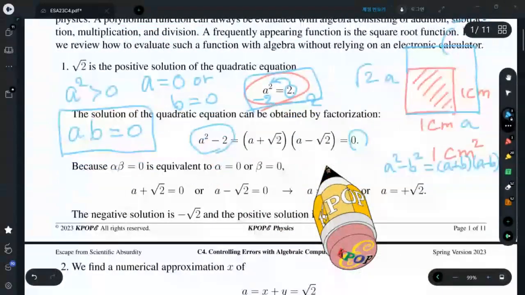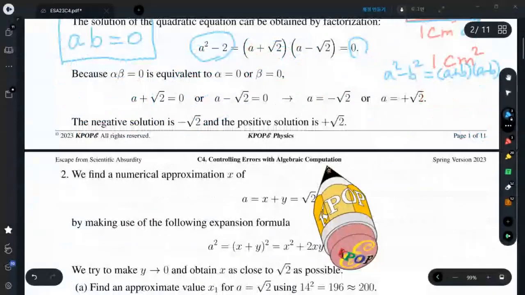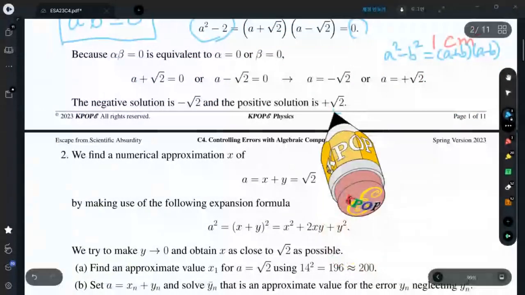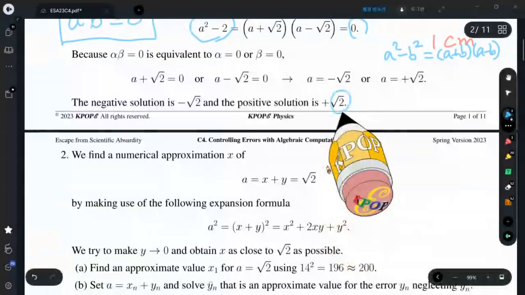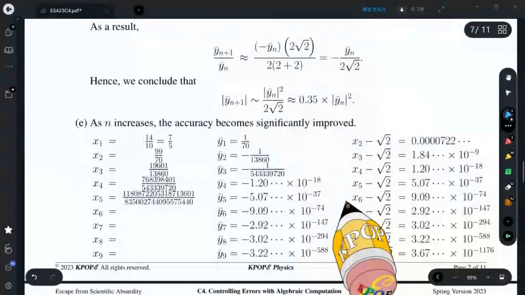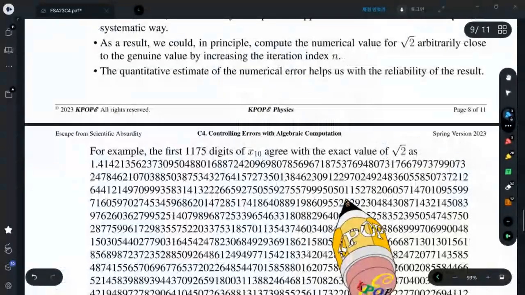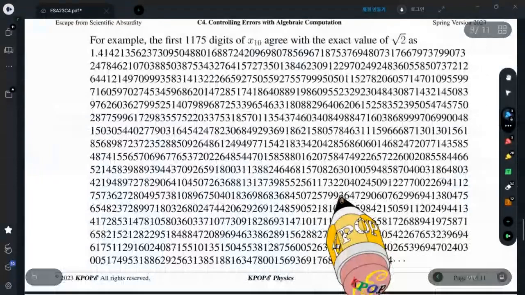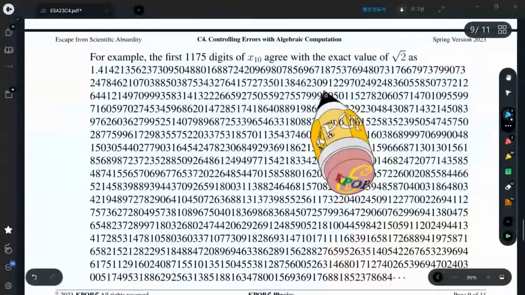All right. By the way, we'd like to know the numerical value of the square root of 2. As you find at the end of this lecture note, the value is 1.4142, and so on. So many digits.